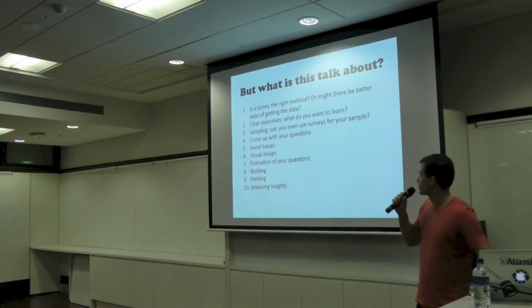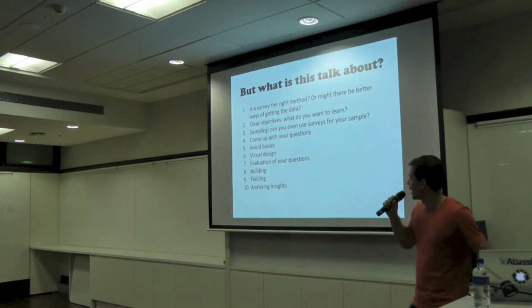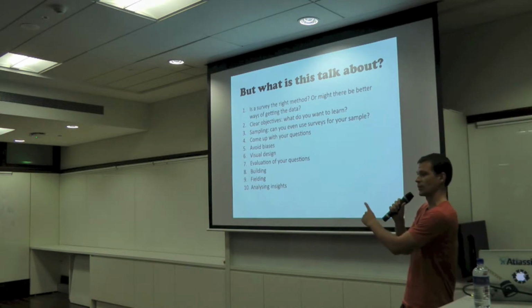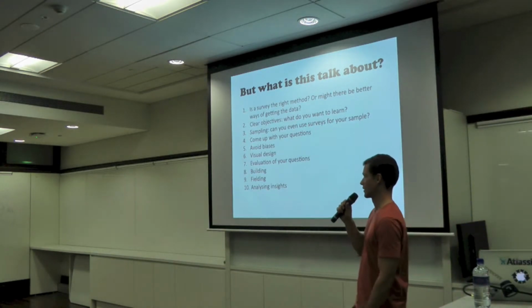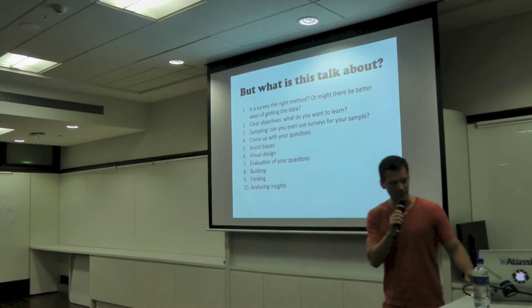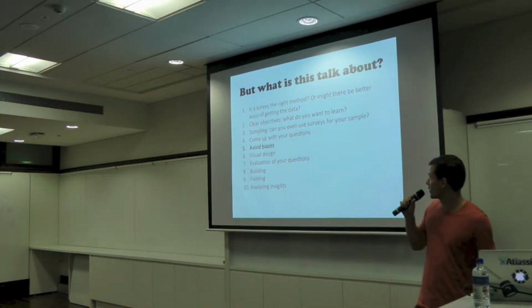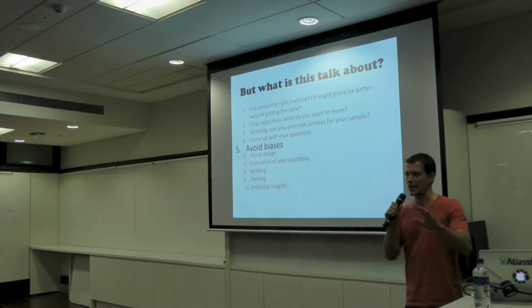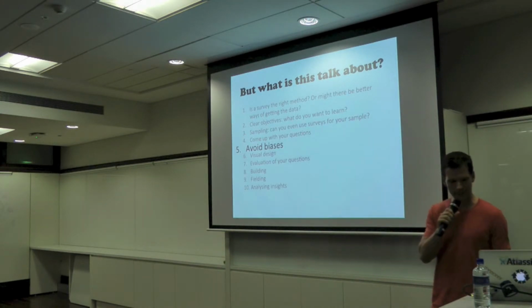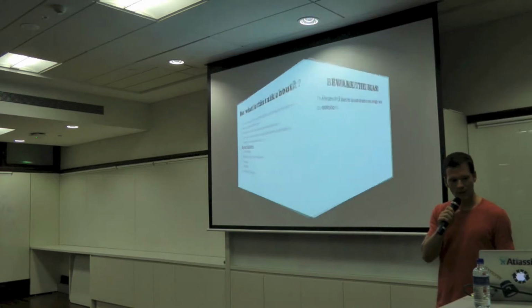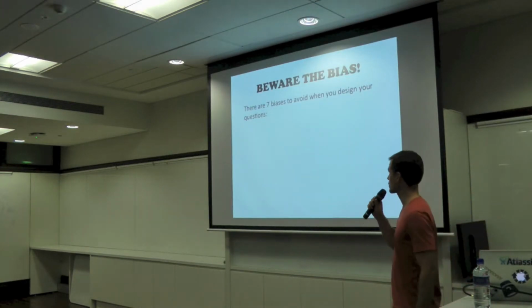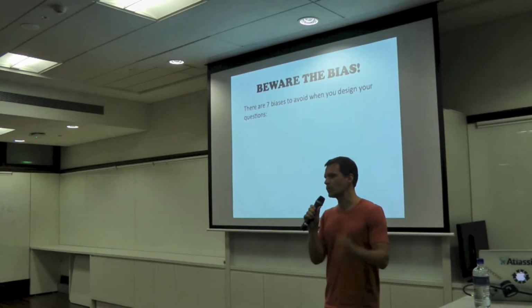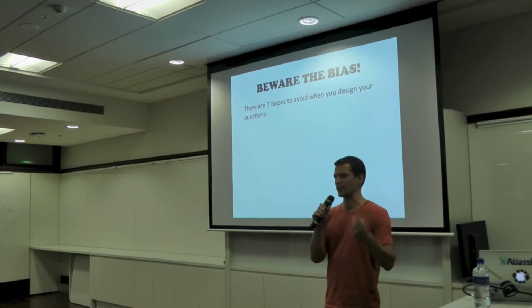Now, in the beginning he showed a slide and I thought, this will be a long talk. But then he said, no, I'm just talking about one thing here. I thought, that's a good talk. I like that: scare people first and then go into the details. What he basically said was, if you design a survey, you have to be aware that the way you pose your questions can put a bias on the answers.